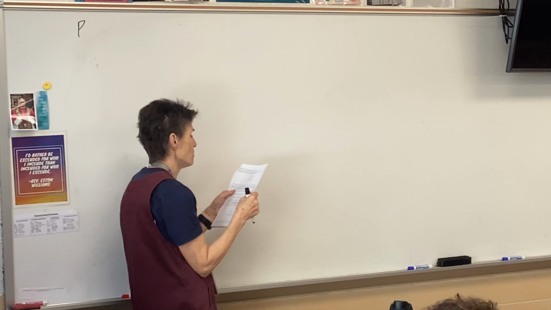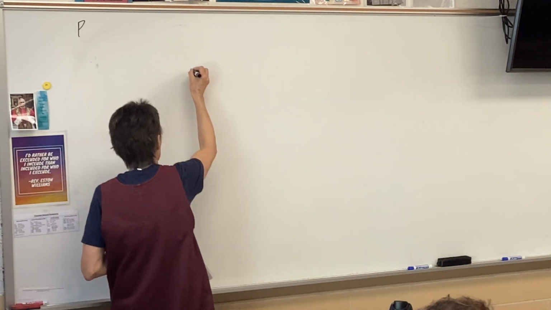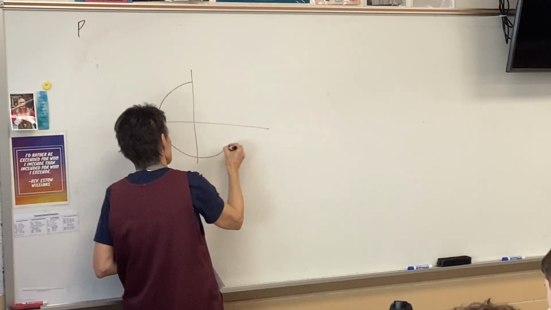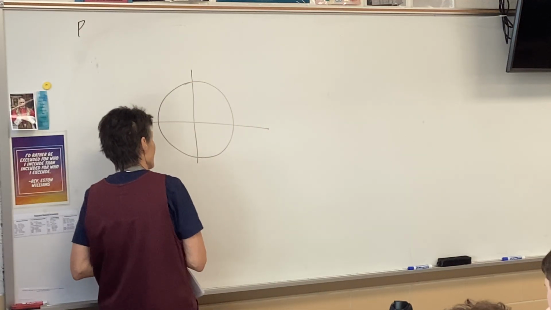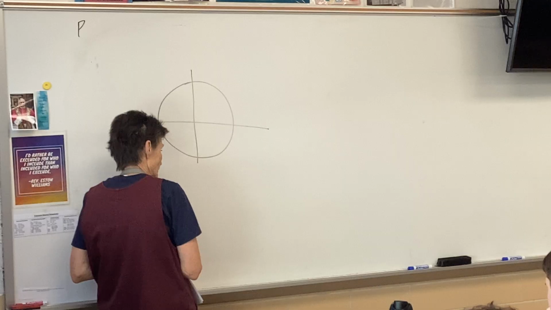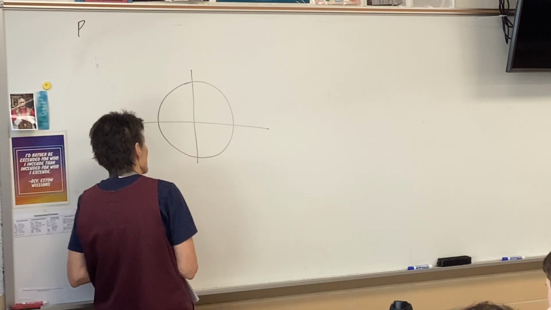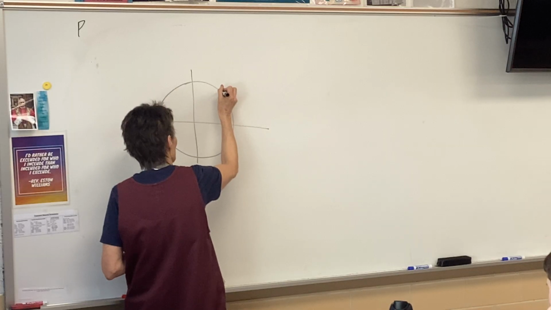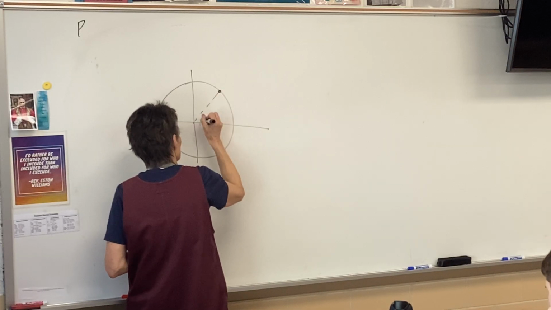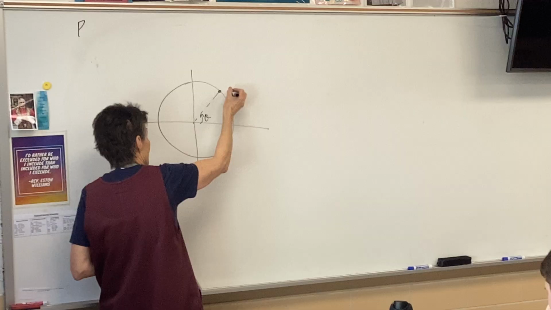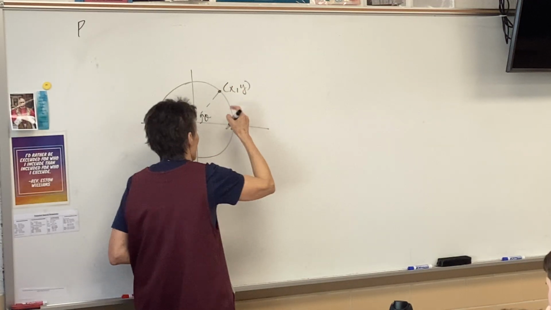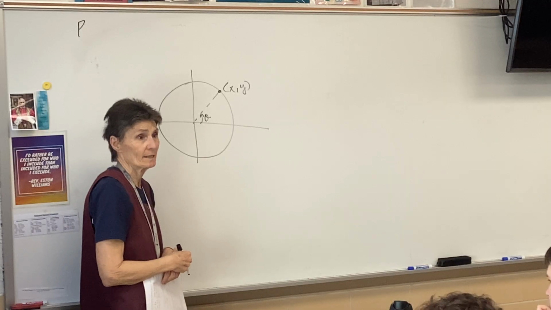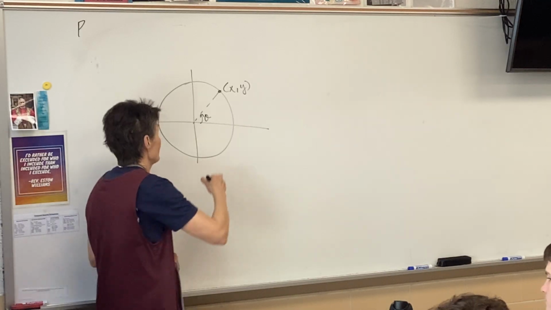All right, so this is kind of a big deal. Sometimes I don't talk about all the stuff he writes, but this is kind of a big deal. Here's our unit circle. And we know that some point out here, x comma y, that x and y represent the cosine and sine of the angle.